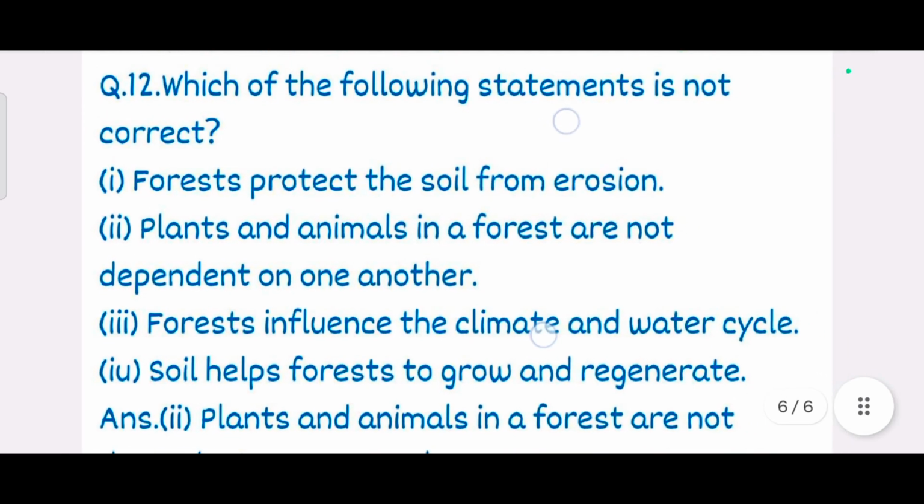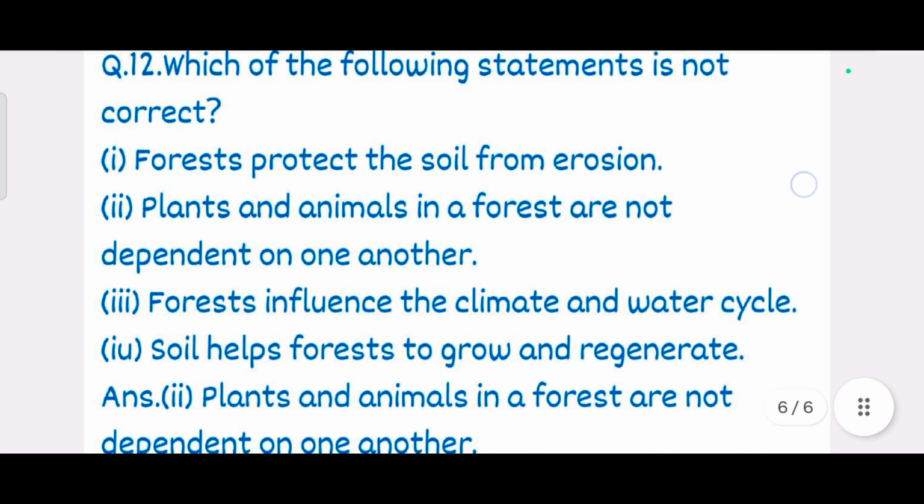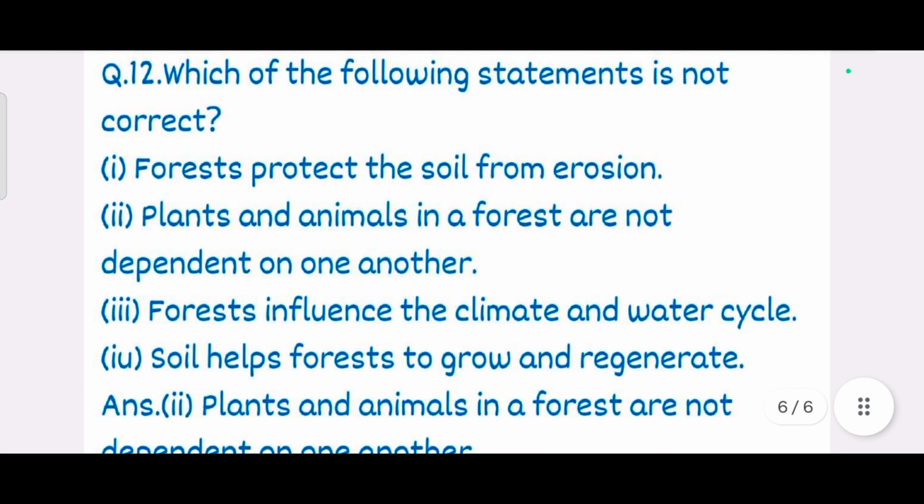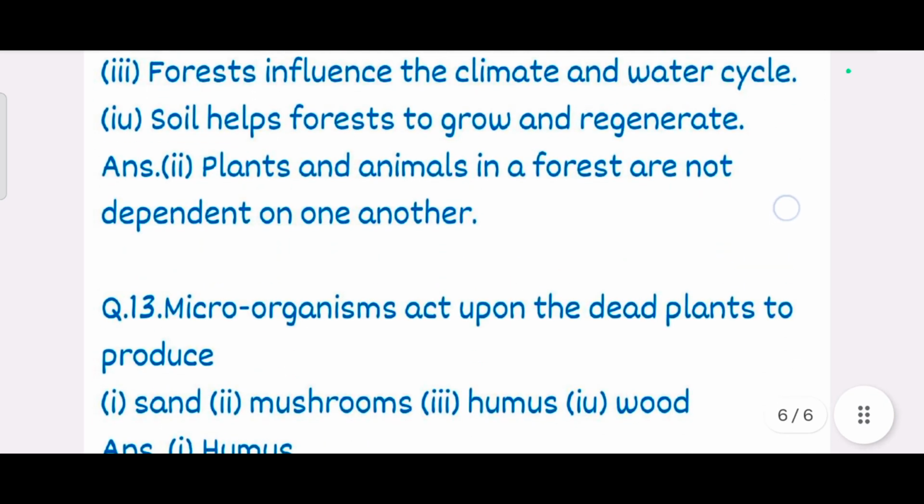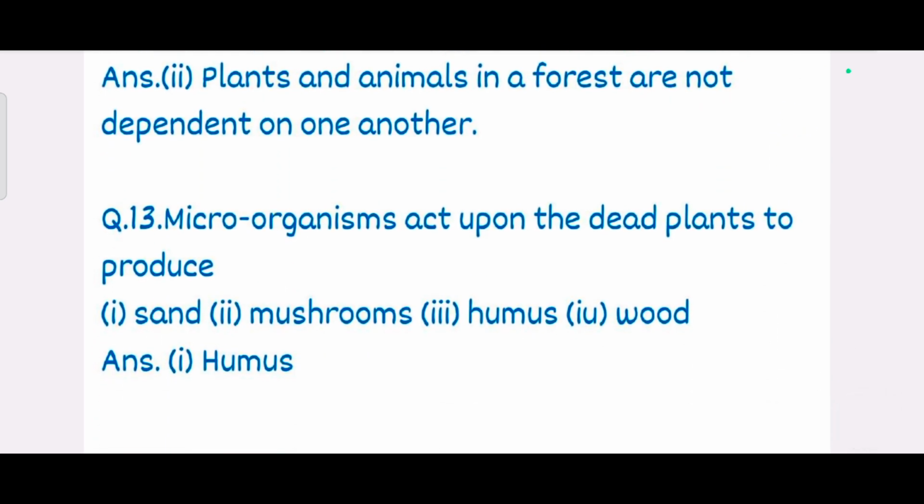Which of the following statements is not correct? Answer is option 2. Plants and animals in a forest are not dependent on one another.